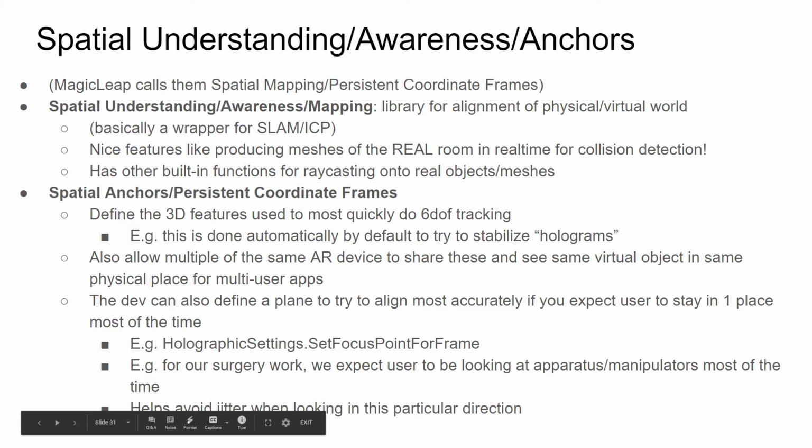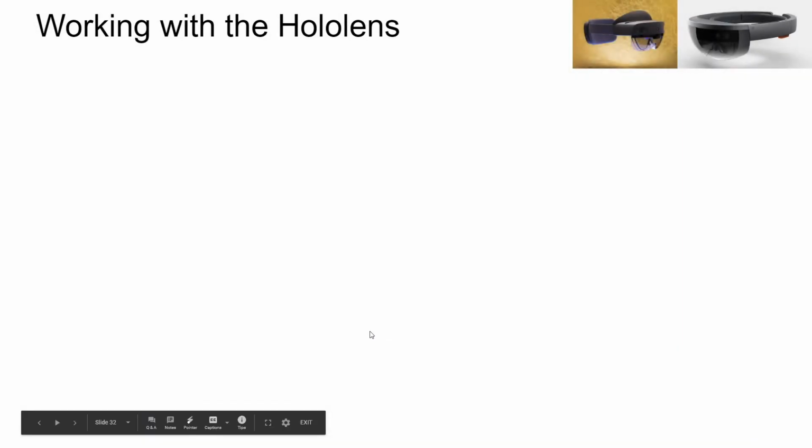This is nice because it will help avoid jitter when you're looking in that direction, which is a really important application for us because we're tracking really small objects. If there's a little bit of jitter that misaligns the real and virtual objects, it's really noticeable for small objects, because that tiny amount of error basically gets multiplied when you're looking at a tiny object, because you only have so many pixels as a reference point.